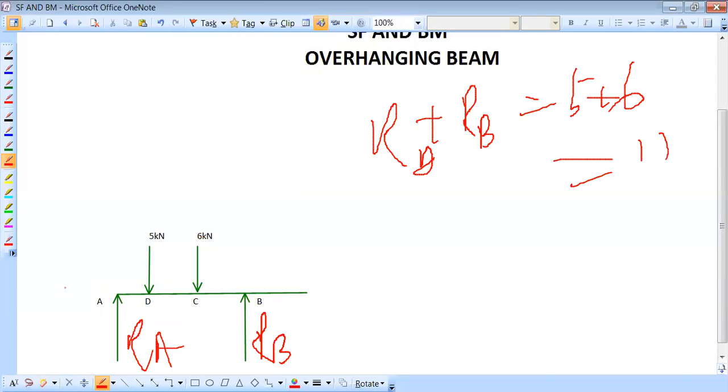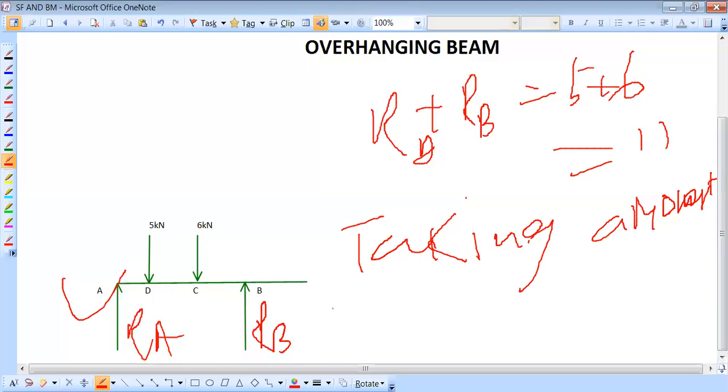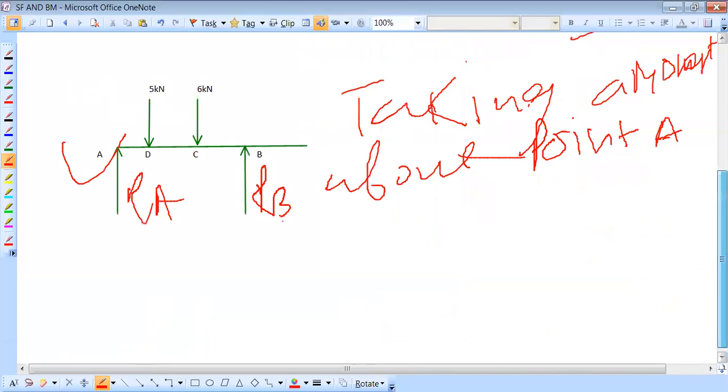Then take moments about point A, as in a simply supported beam, and you can easily find RA and RB.